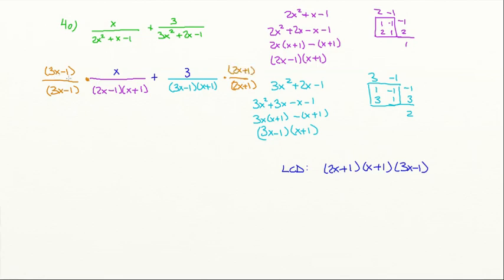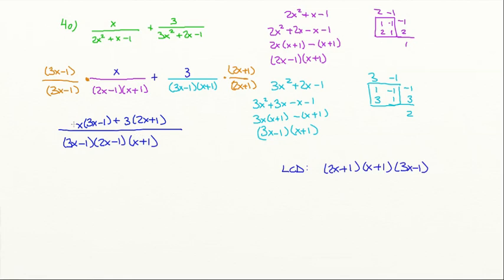So we have 3x minus 1 times x plus 3 times 2x plus 1, all over 3x minus 1 times 2x minus 1 times x plus 1.